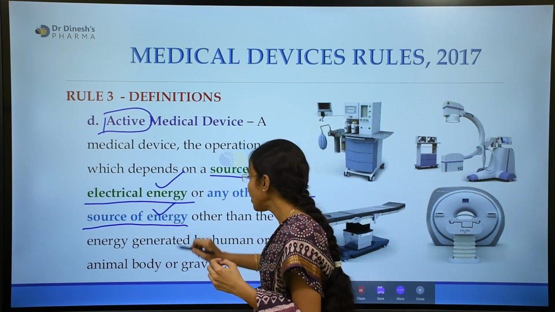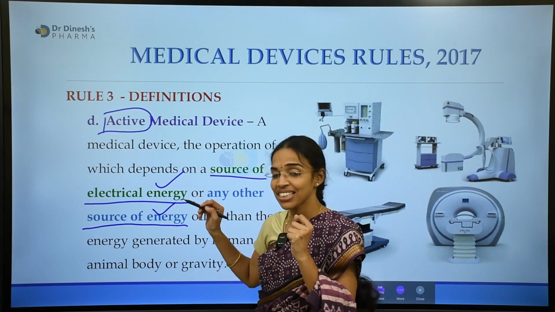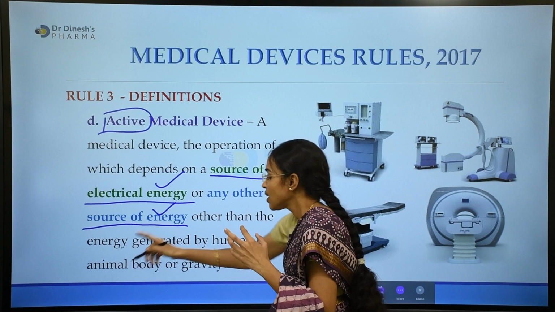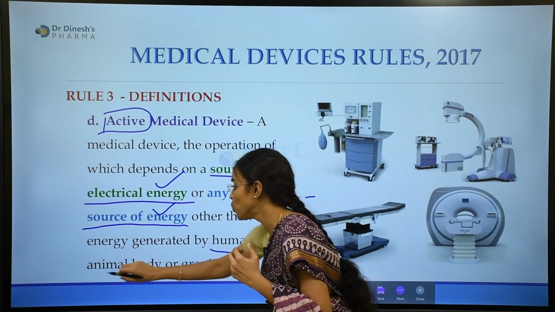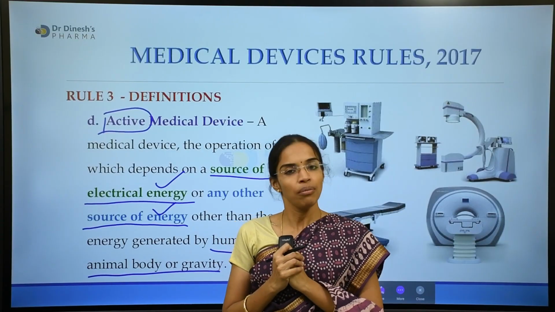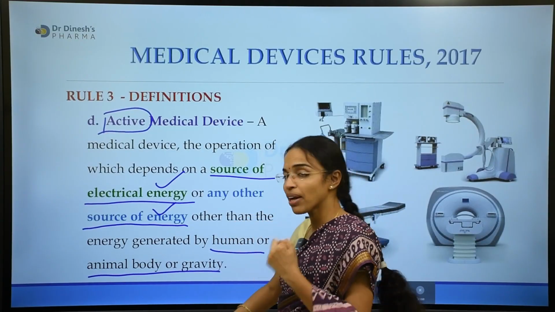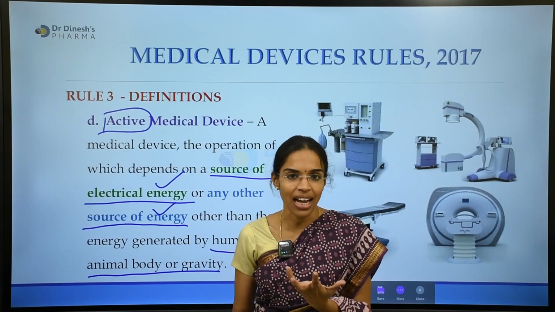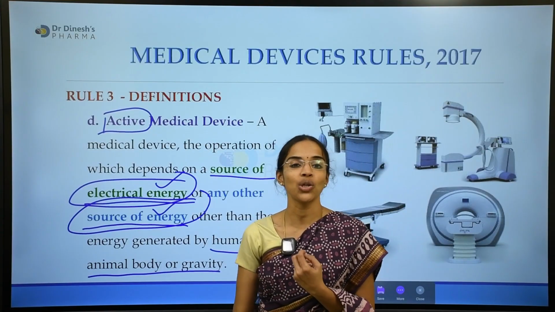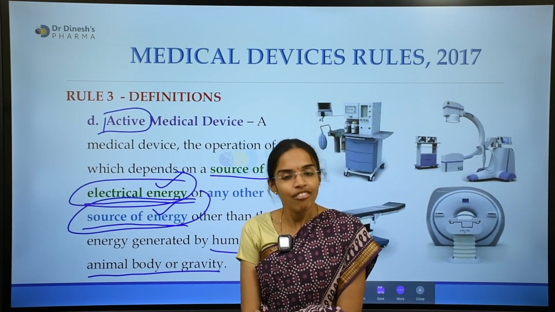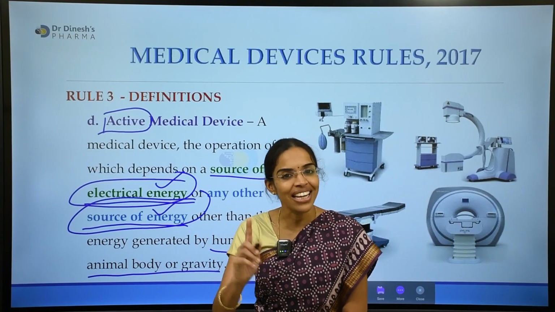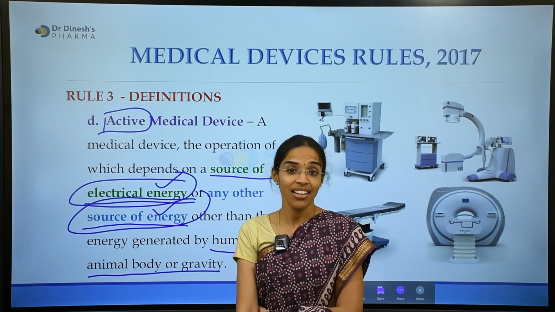But not the energy generated by a human or animal body or gravity. It works exclusively on an electrical or another source of energy. Those are known as active medical devices. Whereas non-active medical devices do not use electrical or any other sources of energy. We have to remember this.